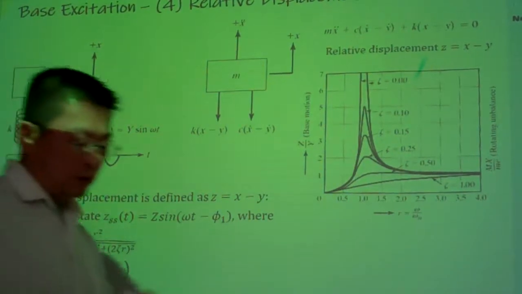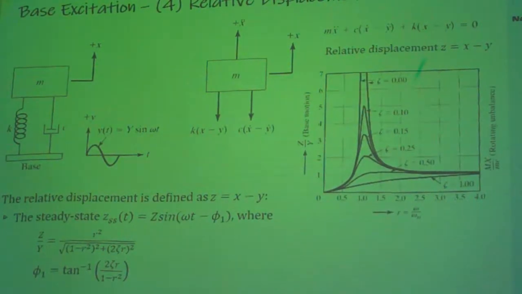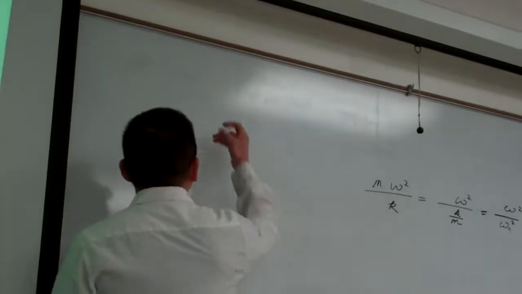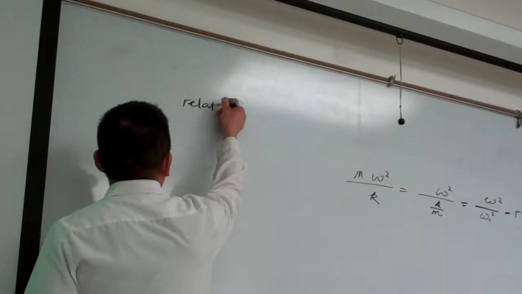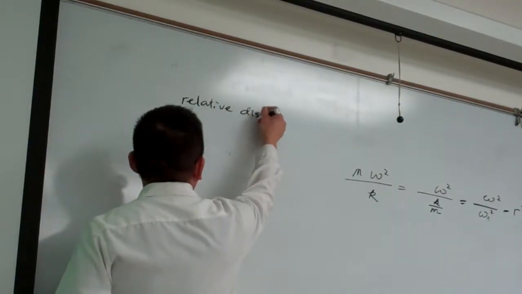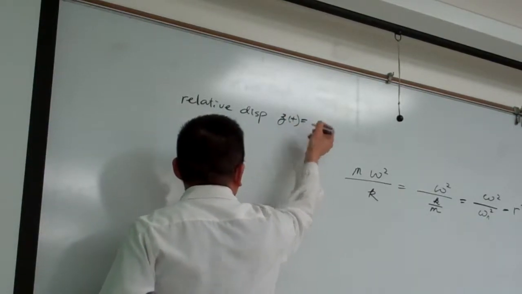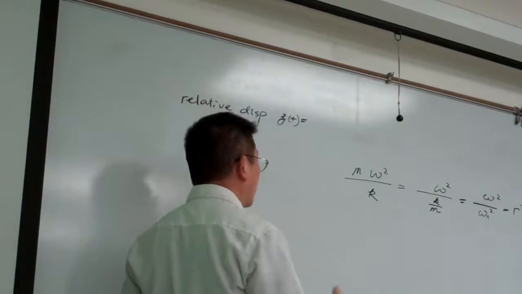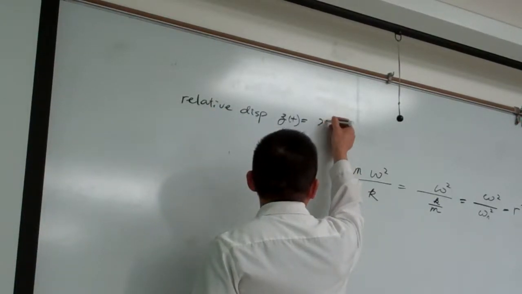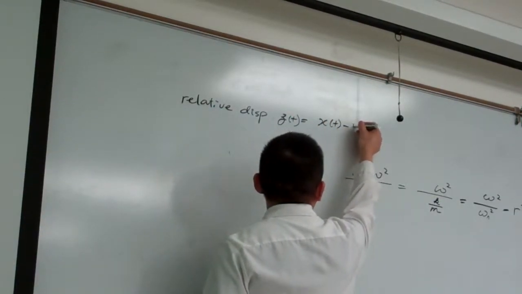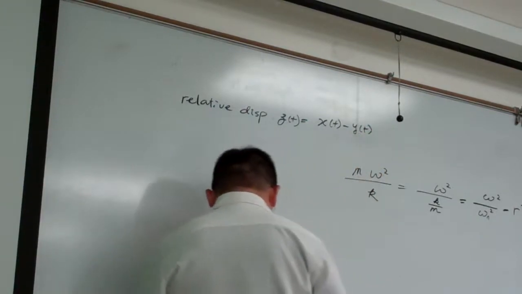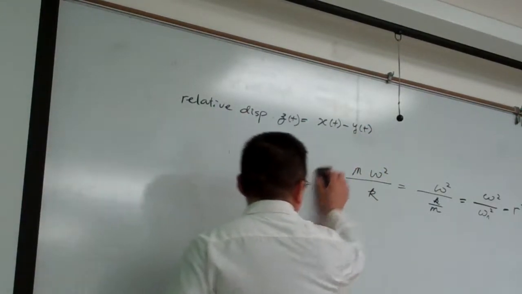We use the notation z(t), the relative displacement of the end to the base, so z(t) = x(t) - y(t). This is our definition.